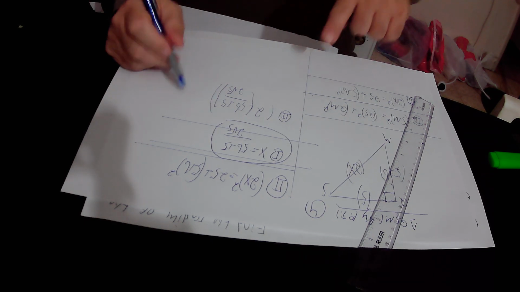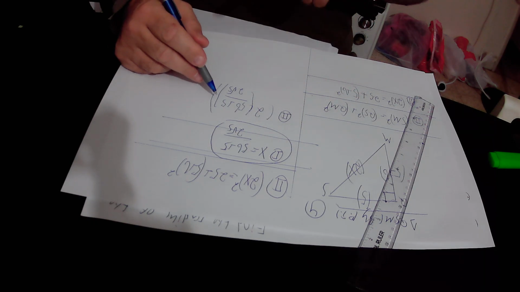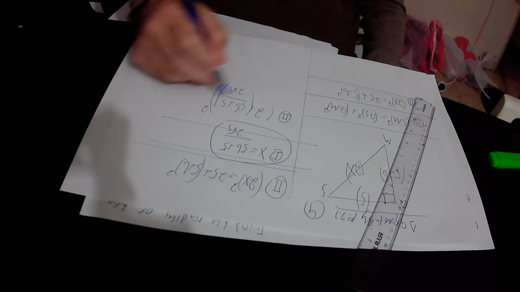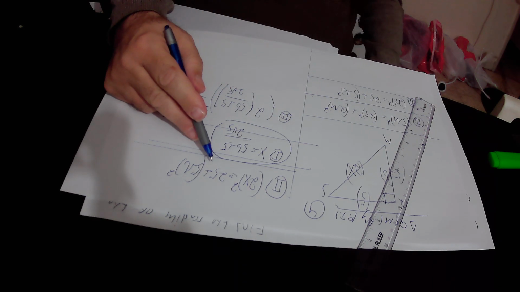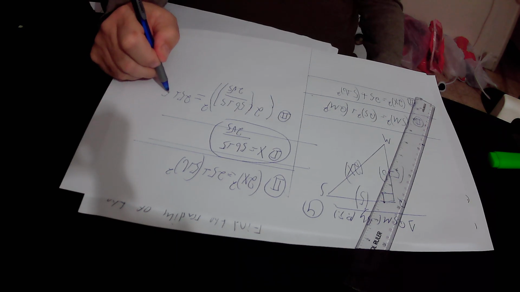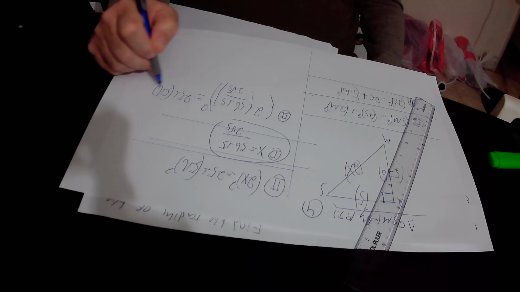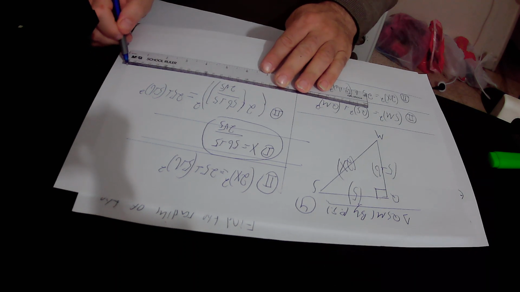So here in equation number 2 we have 2x squared, and it equals, according to this equation, 25 plus 5 plus b squared. Repeat again.